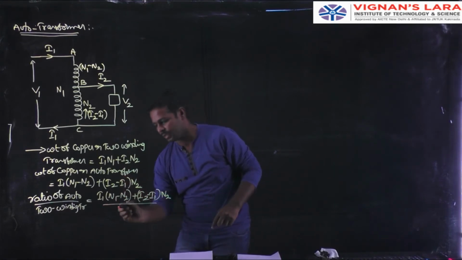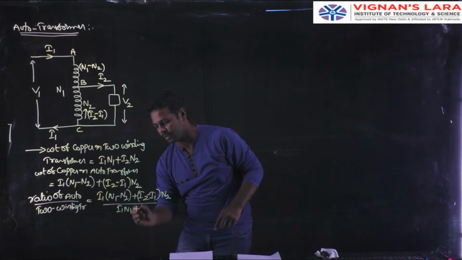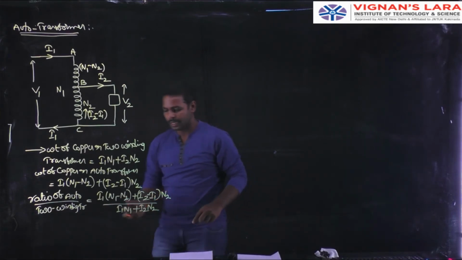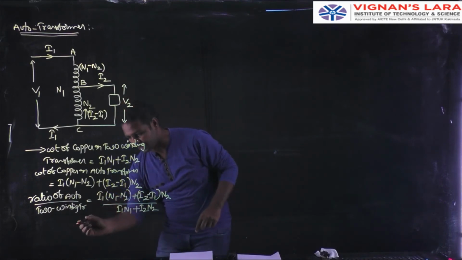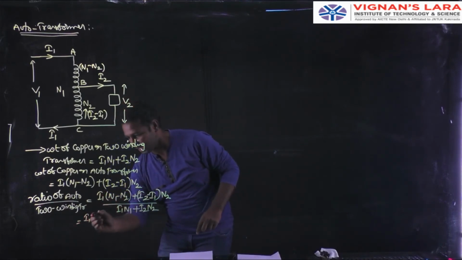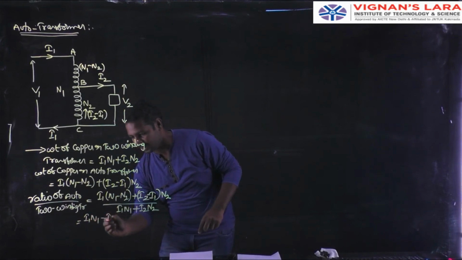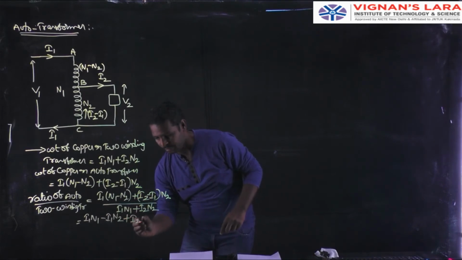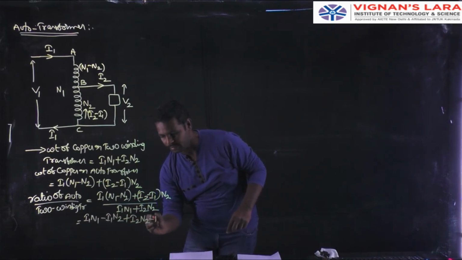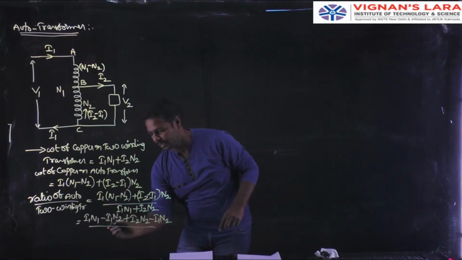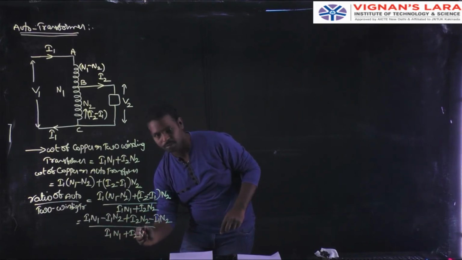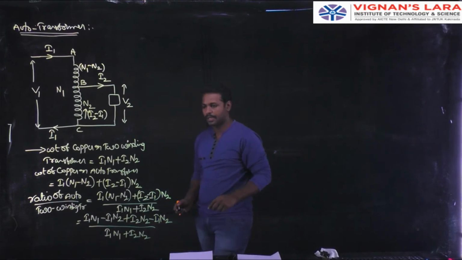divided by I1 N1 plus I2 N2. So by multiplying these two equations, I1 N1 minus I1 N2 plus I2 N2 minus I1 N2 divided by I1 N1 plus I2 N2.